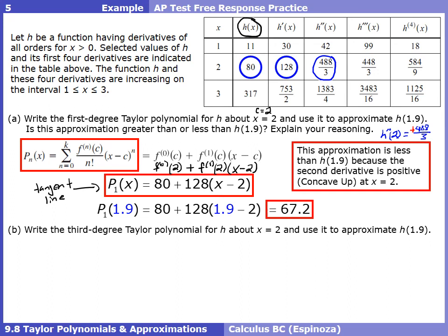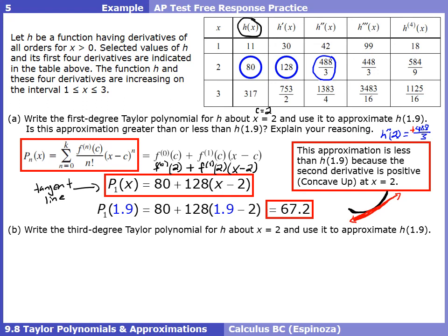And if our graph is concave up, then that must make our approximation less than. If you need a reminder of what that looks like, we would have a concave up graph, and since we're using a tangent line, that tangent line would always be below our function. So that makes the approximation less than.